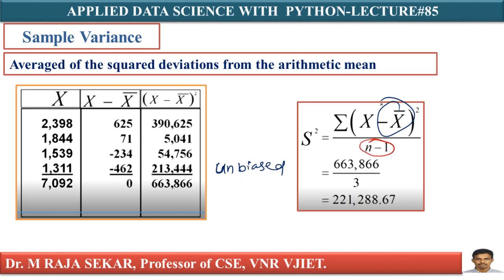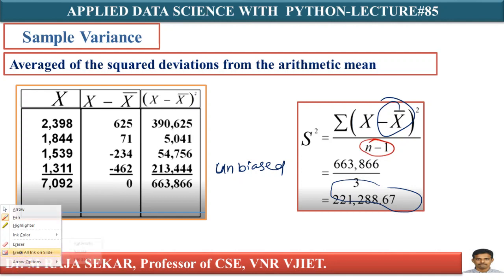That's why we are dividing by n minus 1. This is a beautiful justification. So it's very important, whenever you find the sample variance, in the denominator there should be n minus 1, isn't it? So here the variance is 2 lakh some 21,000, maybe 88.67, some value you are getting.